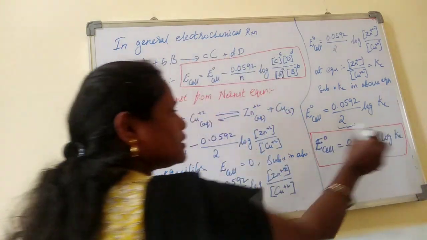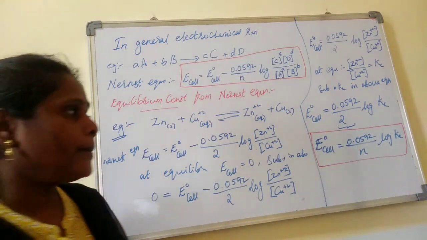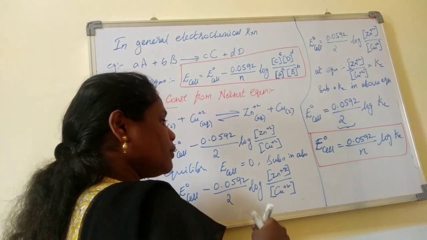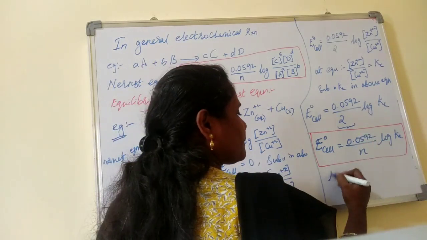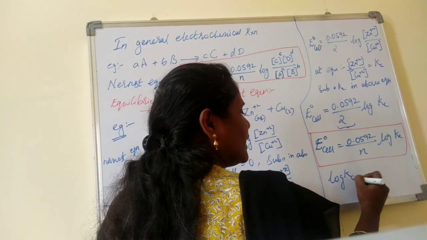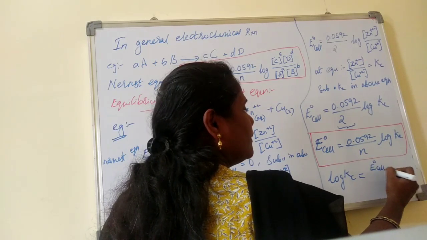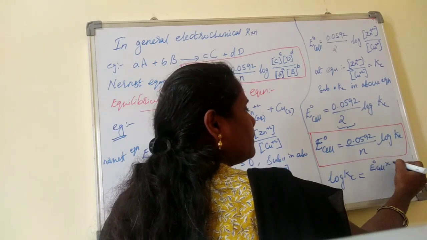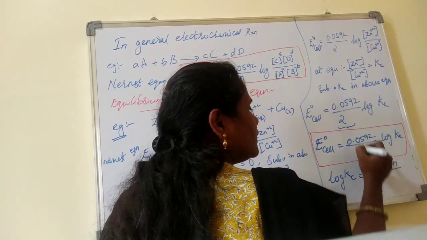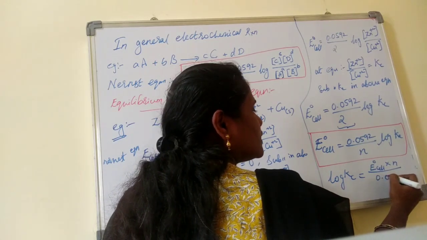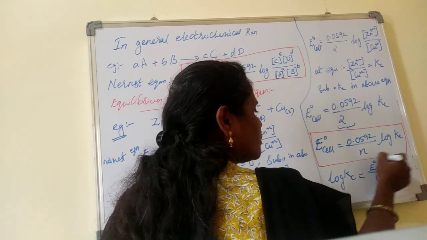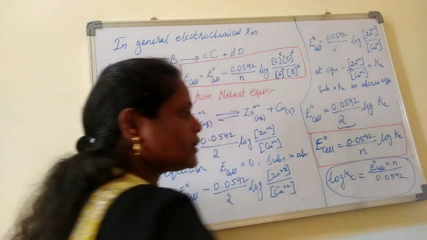Then from this, actually this is my relation between equilibrium constant and cell potential. But if you want equilibrium constant only, log Kc. If I want log Kc, then what it will become? E naught cell will be here into n will go up, by this will come down, 0.0592. So this is the equilibrium constant value.